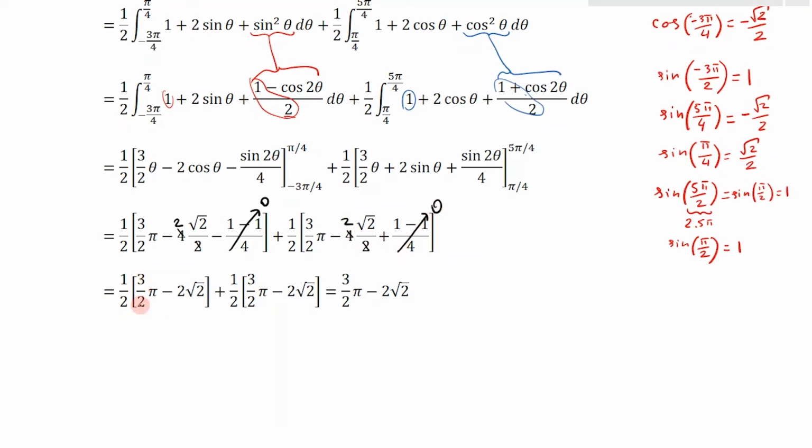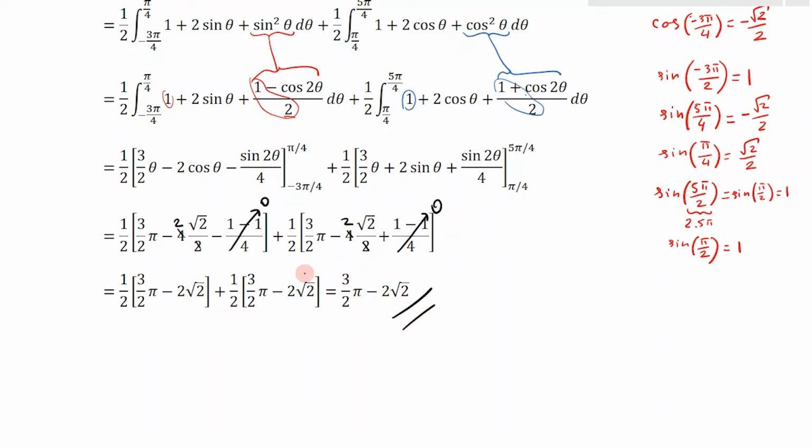So then we have 3 pi over 2 minus 2 root 2. Same thing here. This one and this one are the same, so we can just remove the 1/2. So we end up with 3 over 2 pi minus 2 root 2.